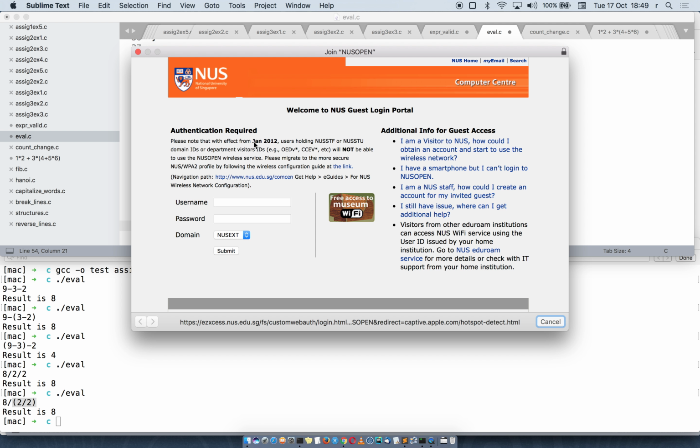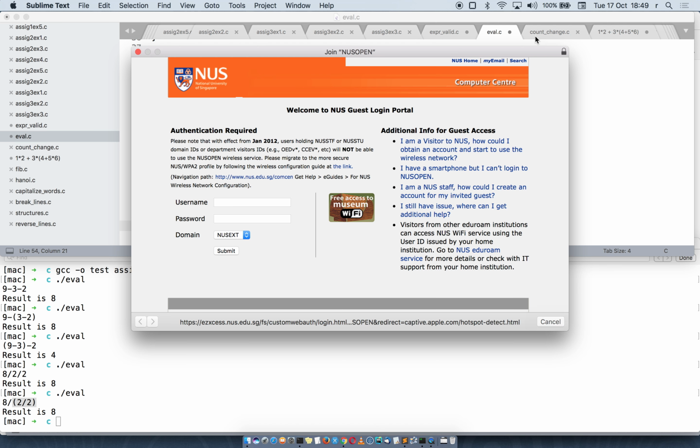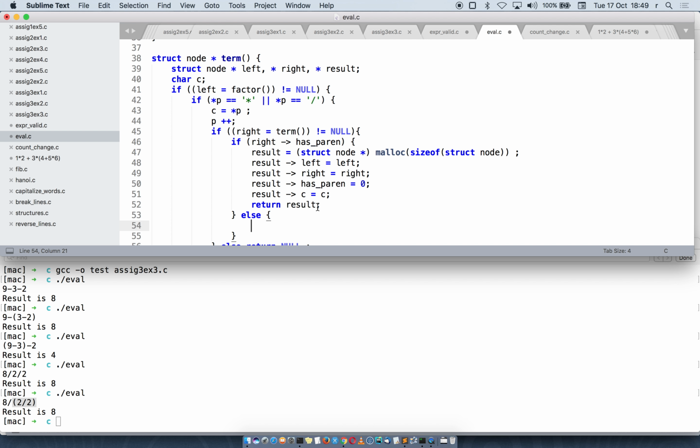Result, arrow left equals result. Okay? So we're going to do, so left is left, right is right. This guy we have to do it no matter what, so let's take it outside.